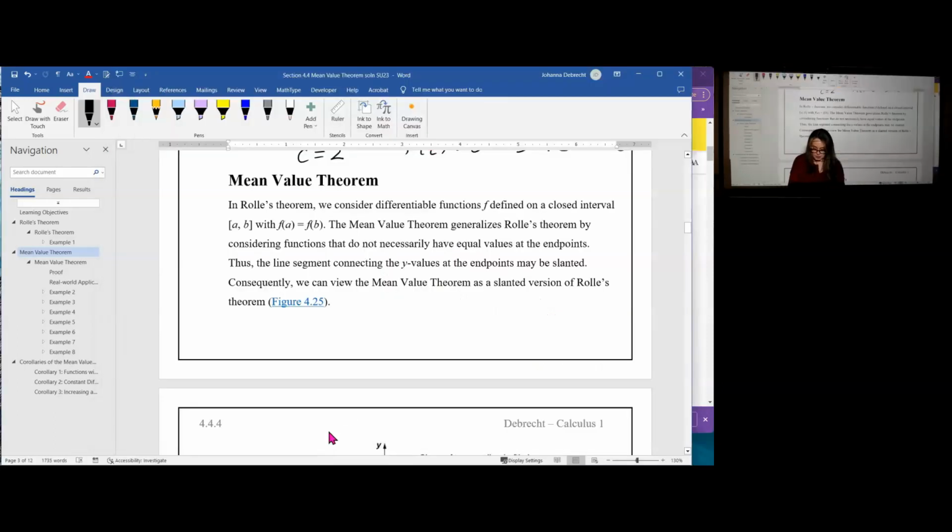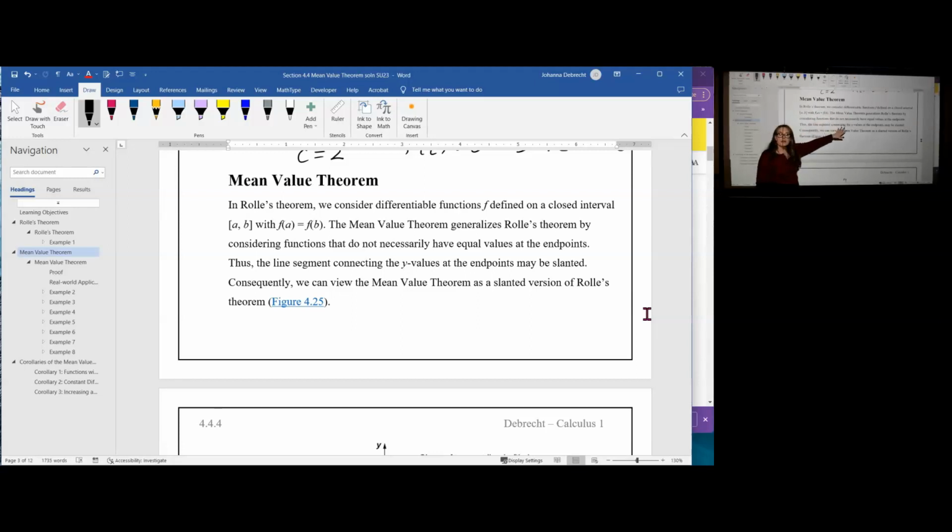Now that we've discussed the proof for Rolle's theorem, let's move into the mean value theorem, which is really the focus of our work here in this section. In Rolle's theorem, we were looking at continuous functions that were differentiable and that met the condition that the endpoints had the same y value.